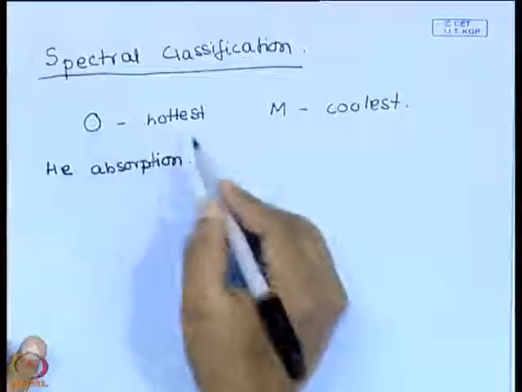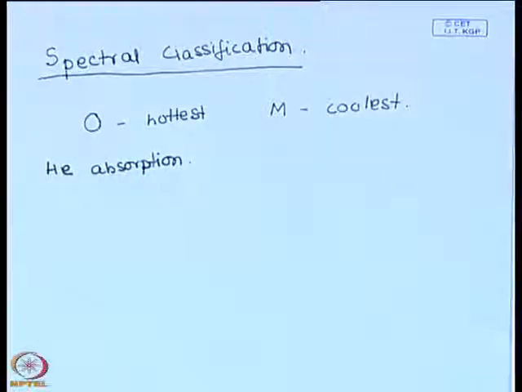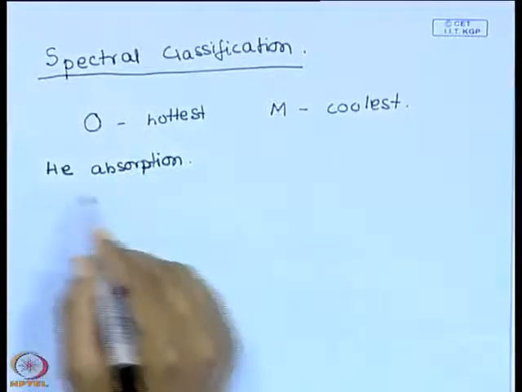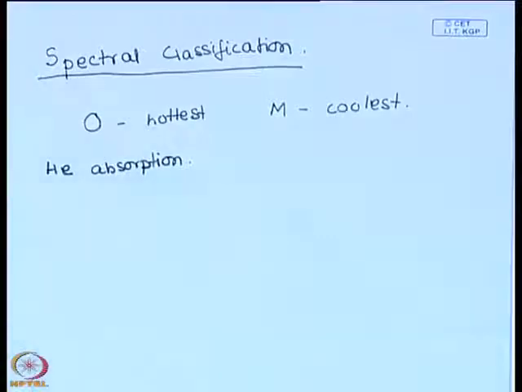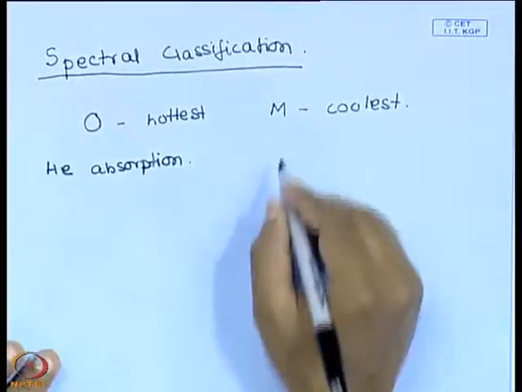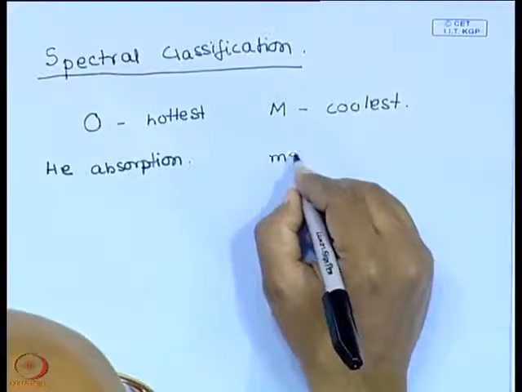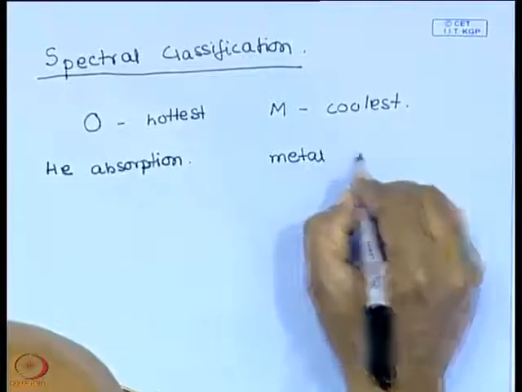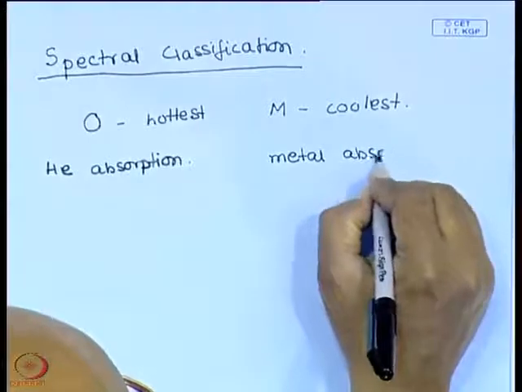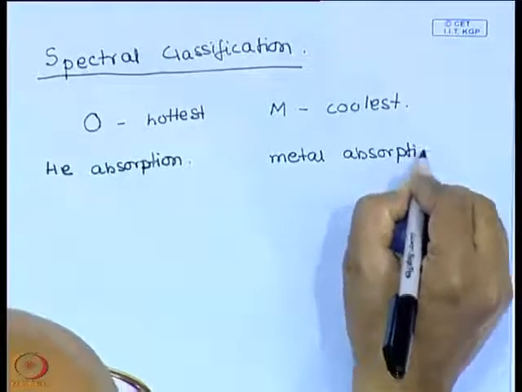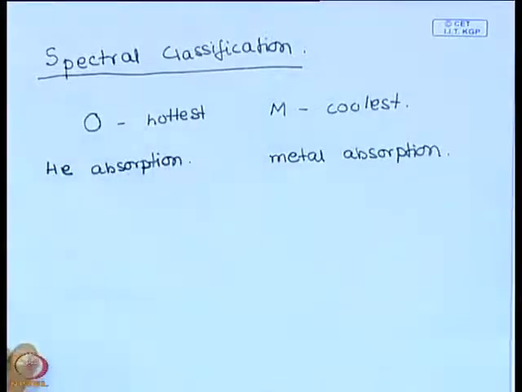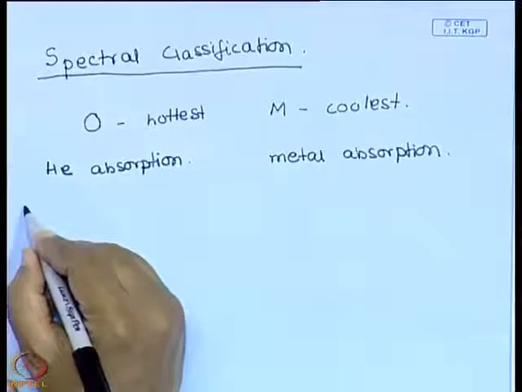So, these O stars produce copious amounts of ultraviolet radiation which is adequate to ionize helium. So, you can observe helium absorption lines, whereas in the M stars you get metal absorption lines. These are the two extremities. The whole spectral classification is as follows. So, the hydrogen burning stars.